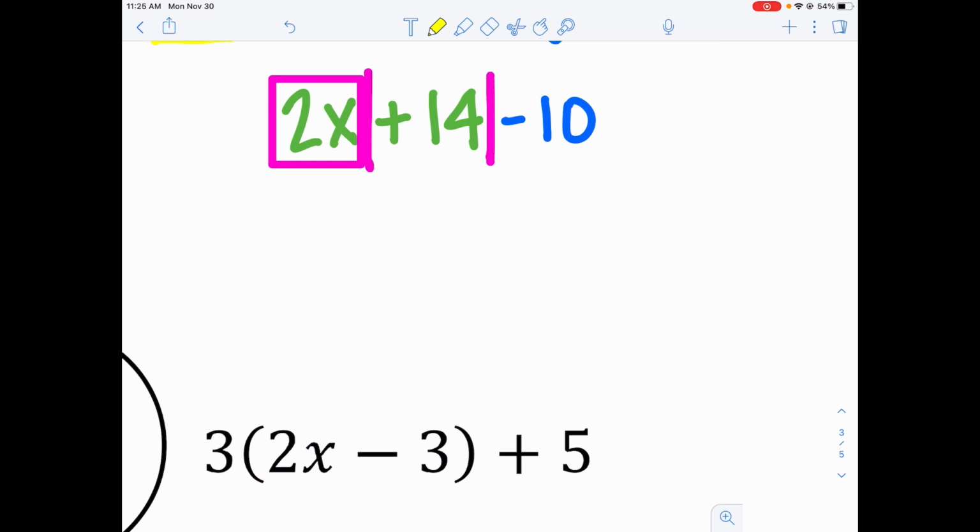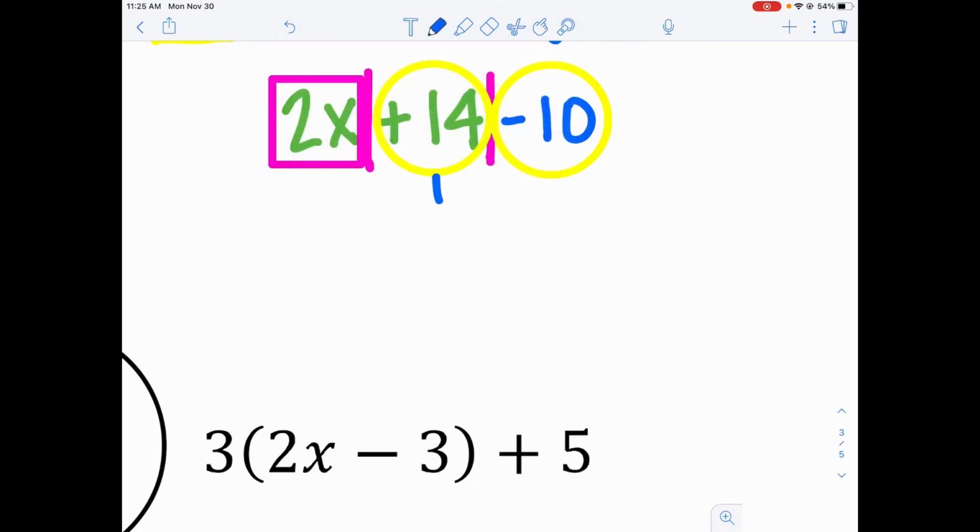So I'm going to change colors and shapes now, and I'm going to put a circle around my positive 14. It is a constant. -10 is also a constant, so I'm going to put a circle around this one as well.